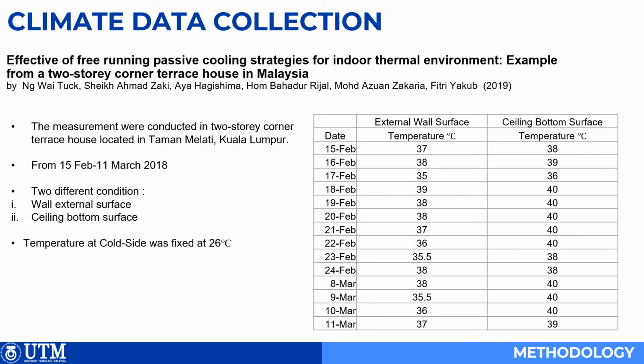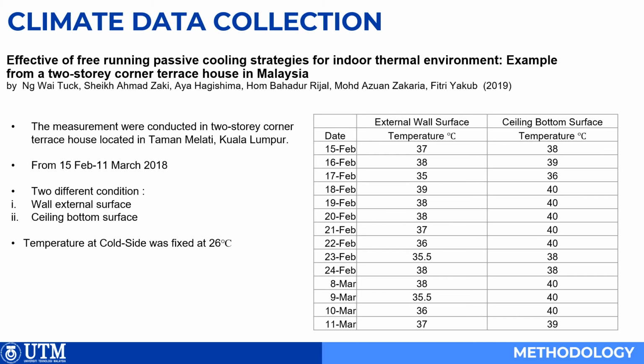This study collected climate data from a previous study titled Effectiveness of Free-Running Passive Cooling Strategy for Indoor Thermal Environment, example from two-story corner terrace house in Malaysia by Ning Wai Tak et al. in 2019.